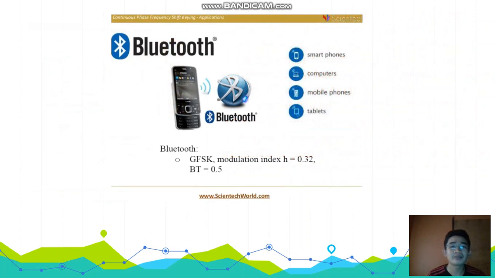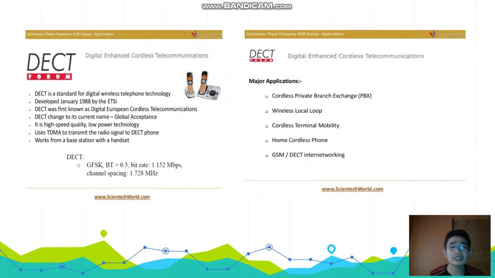Let's proceed. For Bluetooth, the signal is continuous. In our cell phones, we use Bluetooth to transfer data from one device to another. DECT is a standard for digital wireless telephone technology. It works from the base station to the handset, for example, a walkie-talkie.